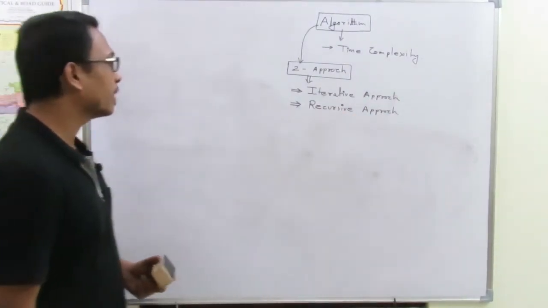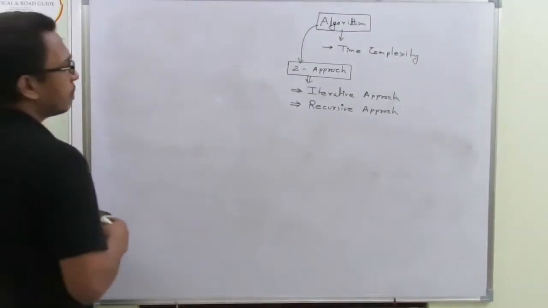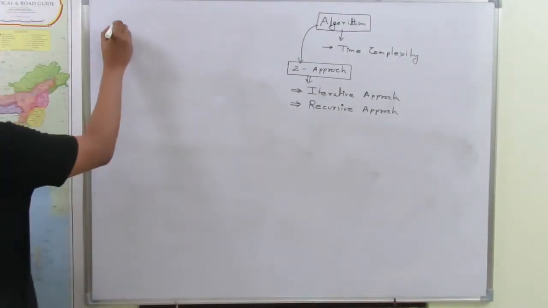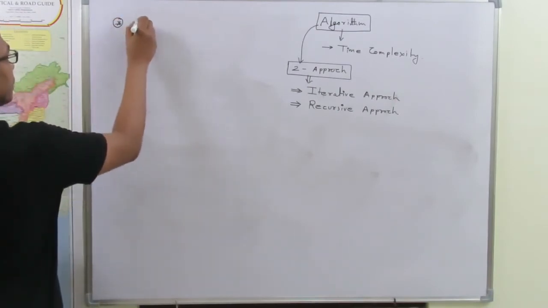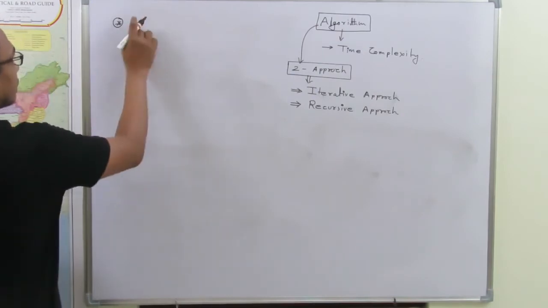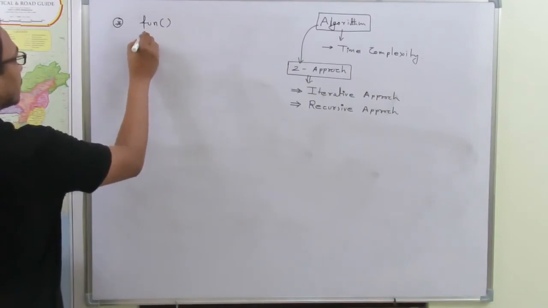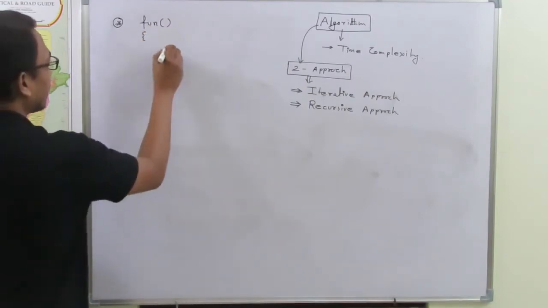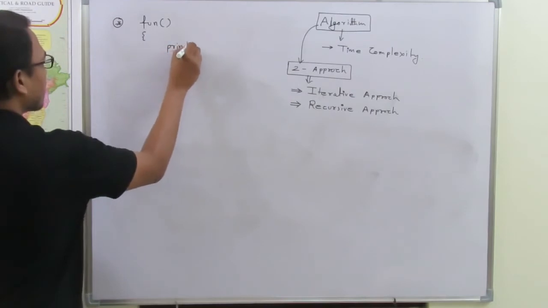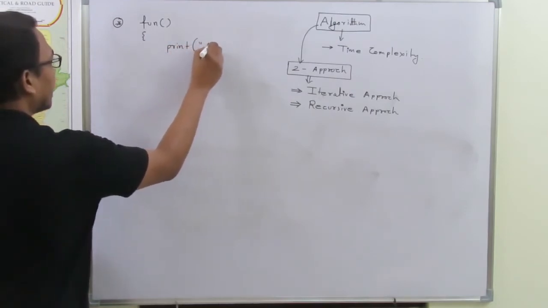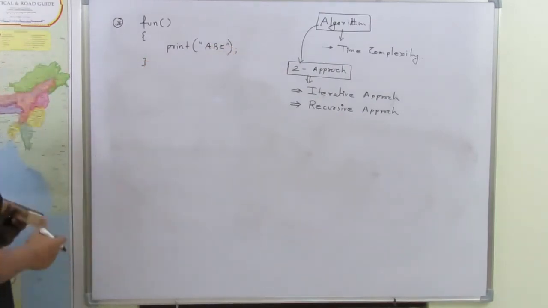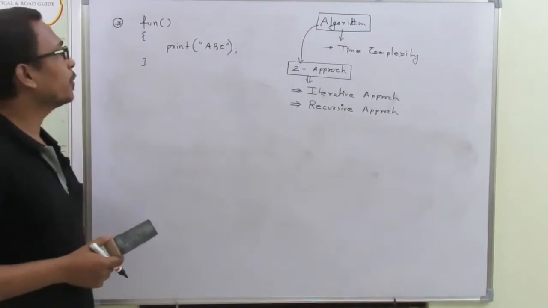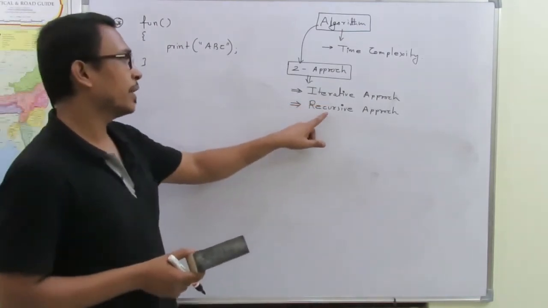Next, let's say we have an algorithm like a function, and within this function we have just one statement, that is print A, B, C. Look, in this particular function we don't have any iteration as well as any recursion.